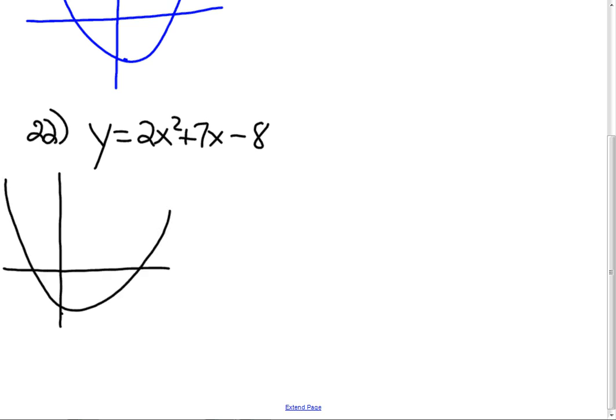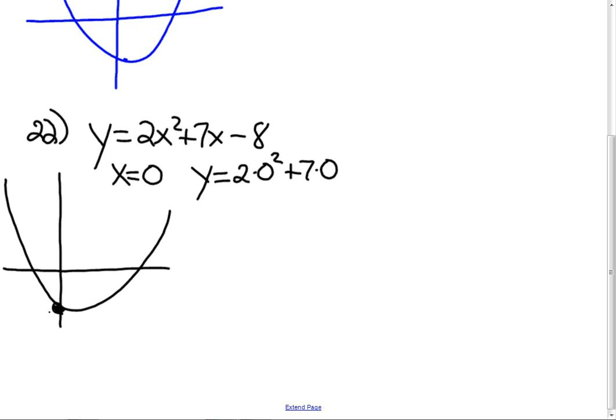I don't know where exactly. I don't know where the vertex is, but what's true about the x-coordinate at the y-intercept? X is equal to 0. Excellent, David. So what is y when x is 0? It's 2 times, or is it Alex? Oh, thought it was David.